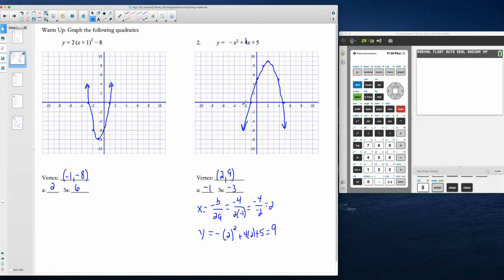So today's lesson is solving quadratics. What that means is we're looking for the x-intercepts. We're looking for where the quadratic graph crosses the x-axis, right? So this horizontal axis is the x-axis. You can see that both of these graphs cross twice.